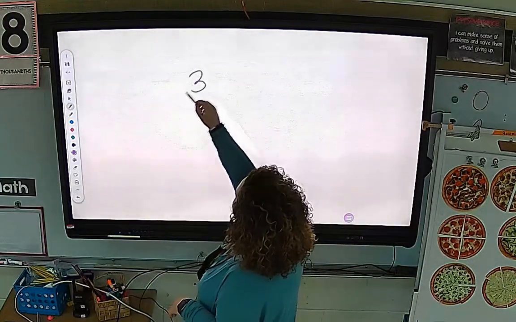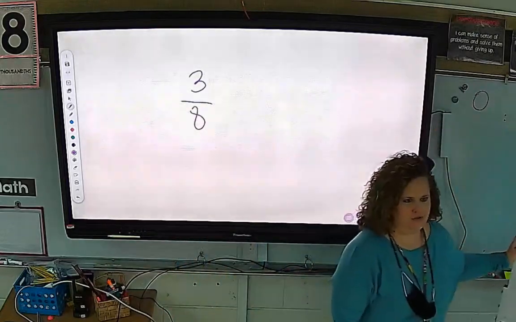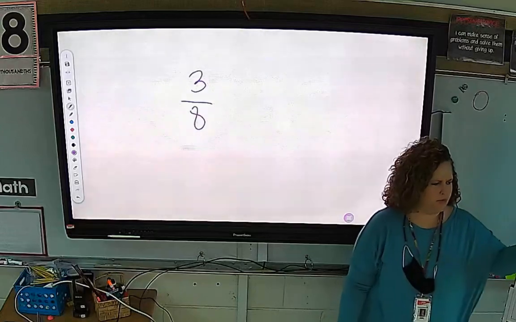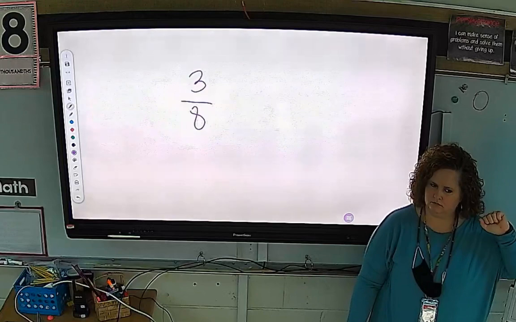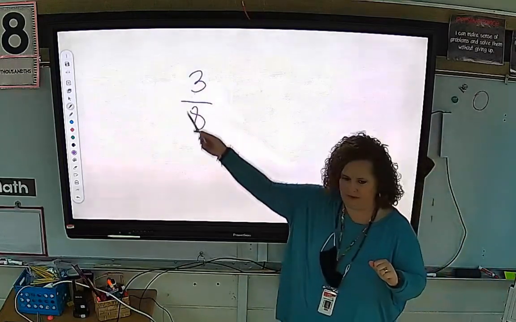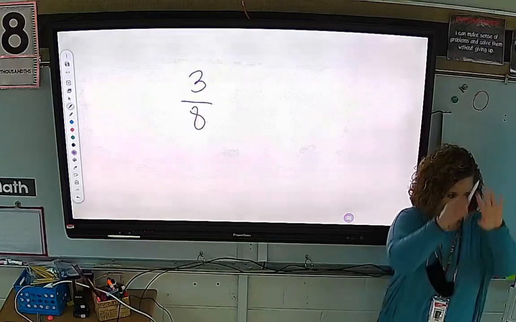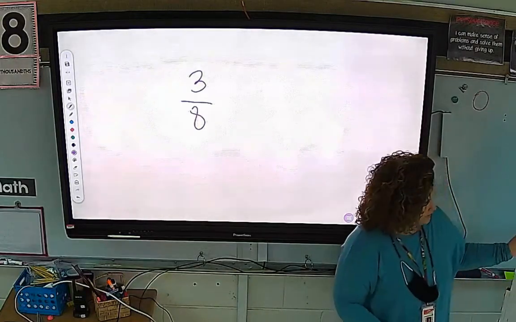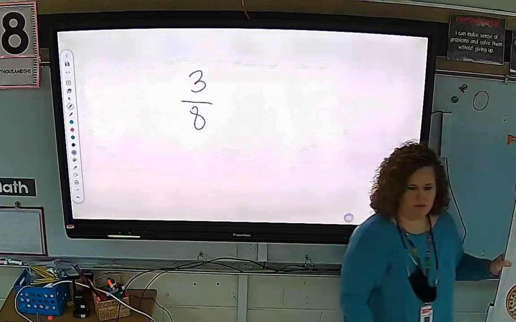Alright, let me try this again. If I had this as a fraction, and I asked you, how much more do I need to get to 1 whole? If I've got this much, how much more do I need to get me all the way to 1 whole? And if you need to picture it, here's our 8ths pizza, pictured on a number line.